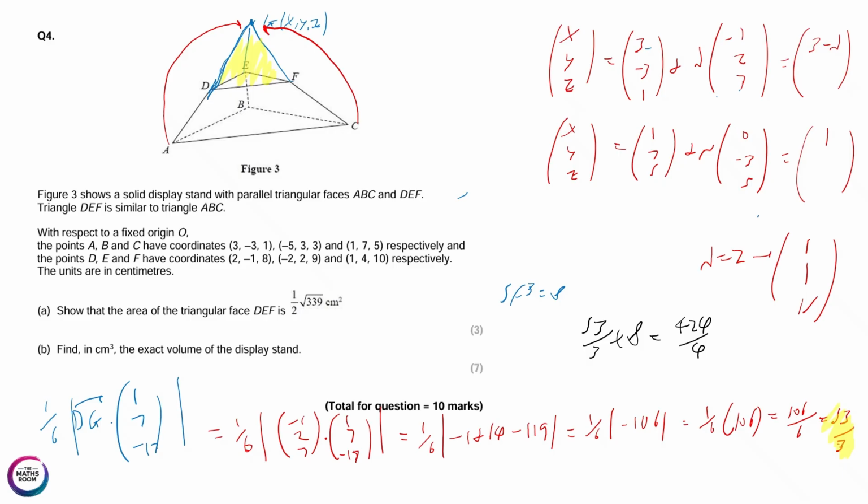So, for example, what do I mean by that? Just to show you, I mean the whole thing. So now if I take away my little one, my yellow one, I must have the one I'm left with. 424 minus 53 is 371 over 3.